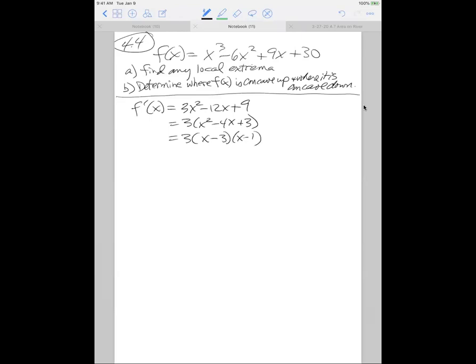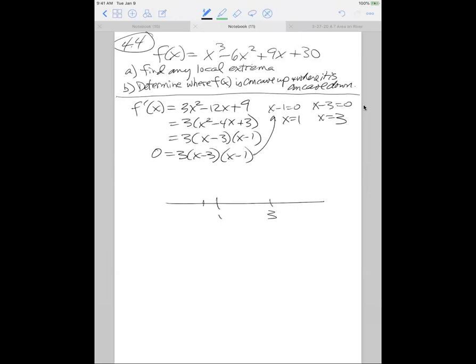We set this equal to 0 now. That's going to happen where x minus 1 equals 0, which is x equals 1, and x minus 3 equals 0, that is x equals 3. So using the first derivative test, we can see that our critical values are 1 and 3.